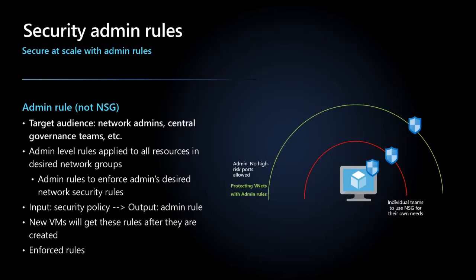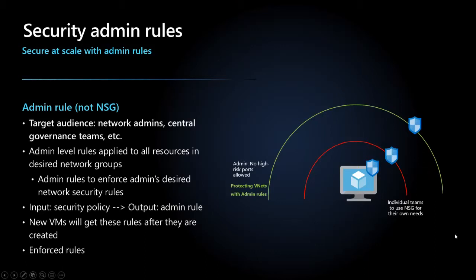So using admin rules, network admins can always put high priority rules in front of NSGs so that you can effectively enforce some important network security rules. In this way, you can effectively protect your environment without touching NSGs.